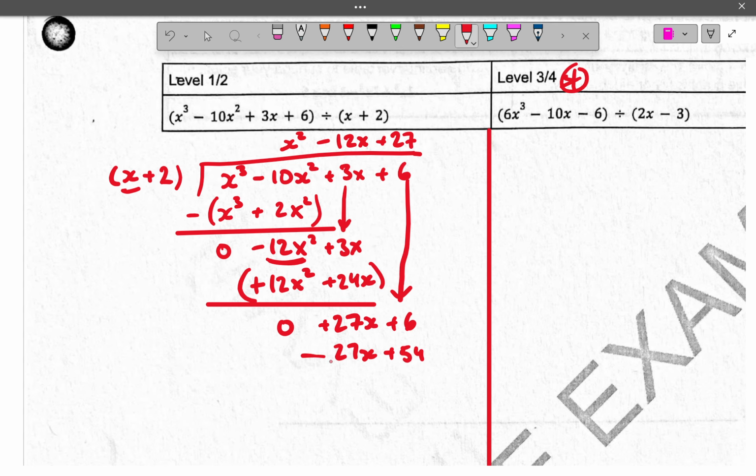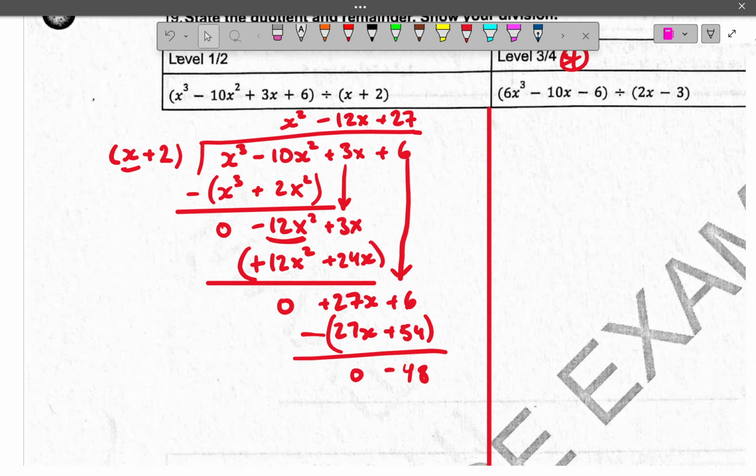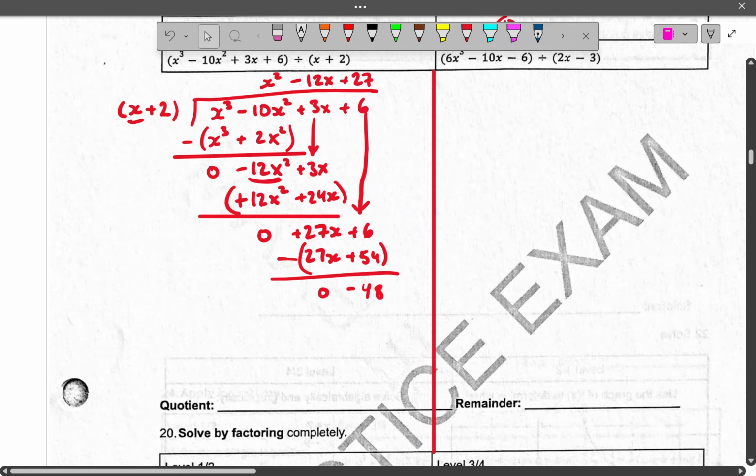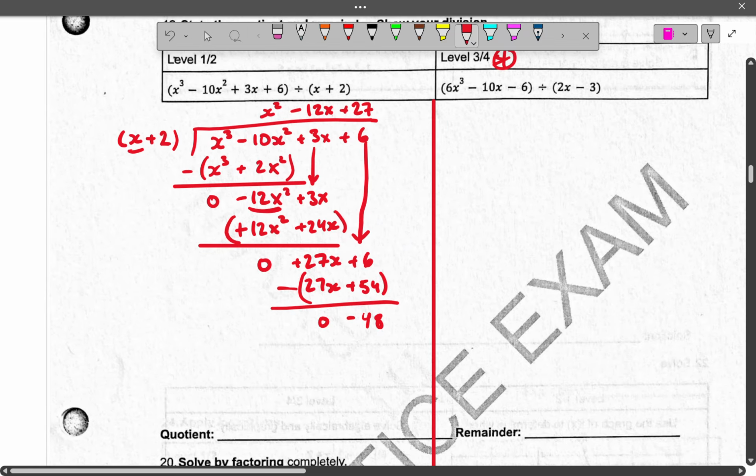We subtract the 2. So I have 27x minus 27x, that's going to be 0. And we have x minus 54, 6 minus 54. So this ends up being negative 48. So a remainder, well, this is our quotient we get up here.